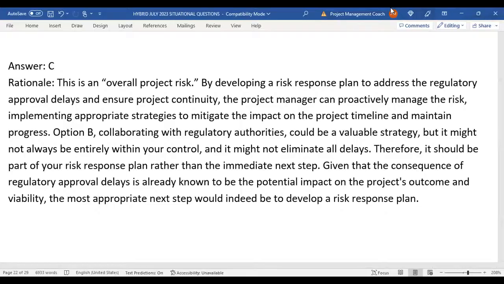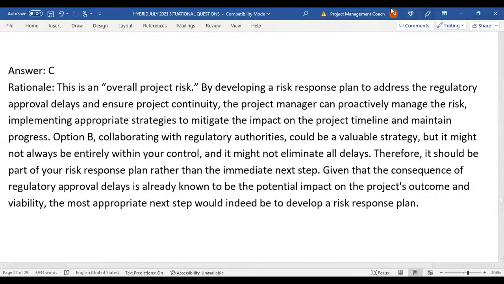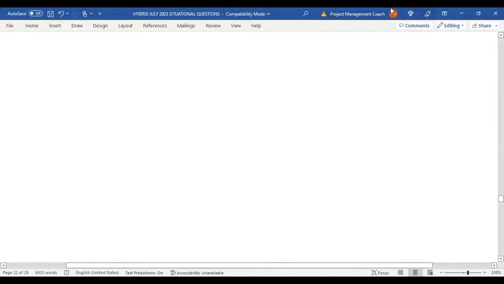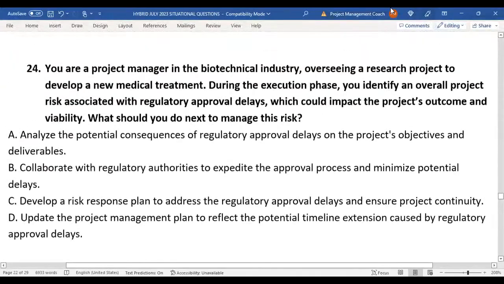Therefore, it should be part of your risk response plan rather than the immediate next step, given that the consequence of regulatory approval is already known to be the potential impact on the project's outcome and viability. Most appropriate next step would indeed be to develop a risk response plan.